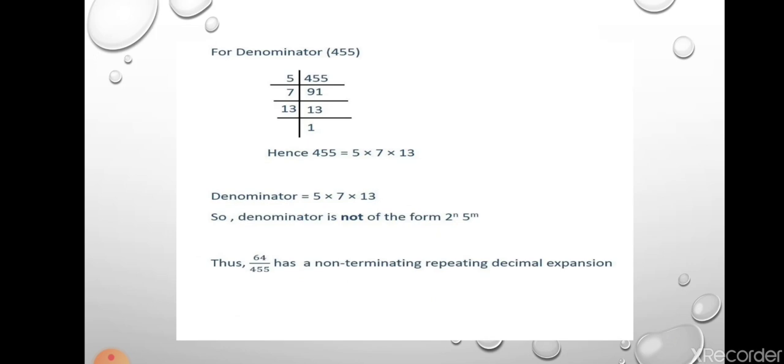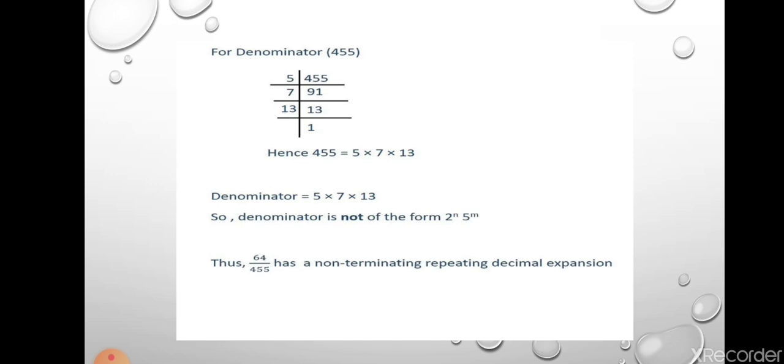After factorizing it, we get 455 equal to 5 into 7 into 13. That means the denominator is not of the form 2 to the power n into 5 to the power m, because in the denominator we get 7 and 13 also. So 64 upon 455 has a non-terminating repeating decimal expansion.